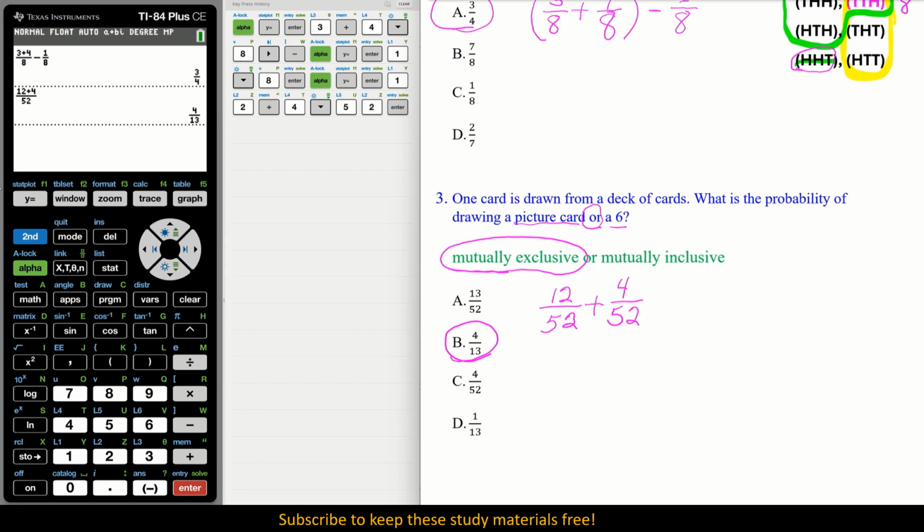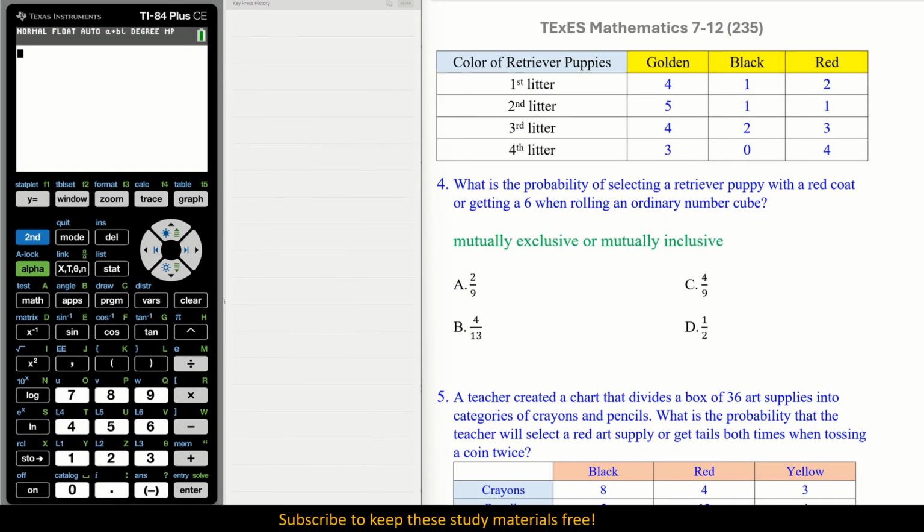Okay, let's go to number 4. Okay, number 4 says, what is the probability of selecting a retriever puppy with a red coat or getting a 6 when rolling an ordinary number cube? Now, this may confuse you.